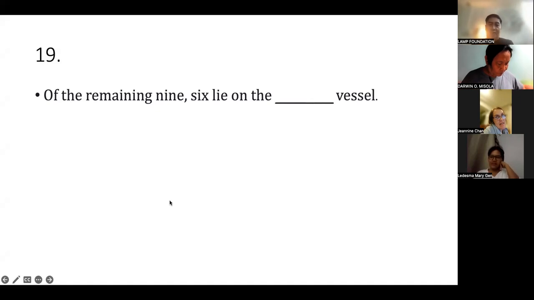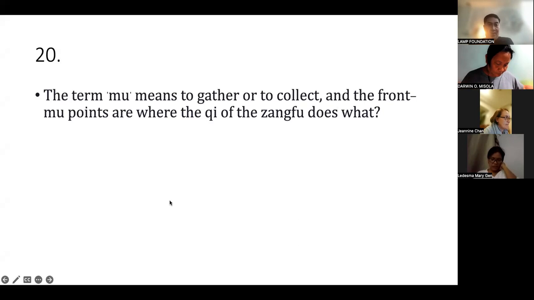Very good. Or the Ren Mai. The term mu means to gather or to collect, and the front view points are where the chi of the zang fu does what? That's what I don't get, Doc. I didn't answer that.